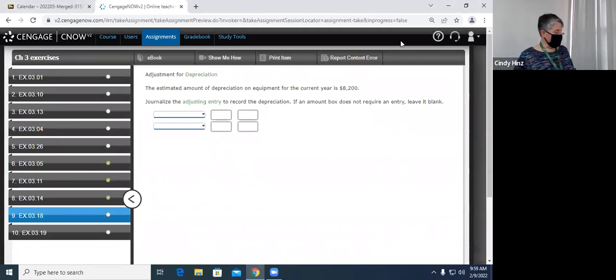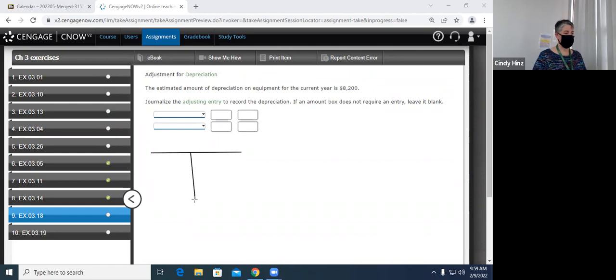Exercise 9, and I mentioned this on Monday. This is going to take me a little bit longer to explain because it's red. Because I think it's important that you understand not just how to do the journal entry, because honestly, we could go through this exercise in 30 seconds and you'd know the answer and you'd know how to do this journal entry, but you would have no understanding of why or what's actually happening.